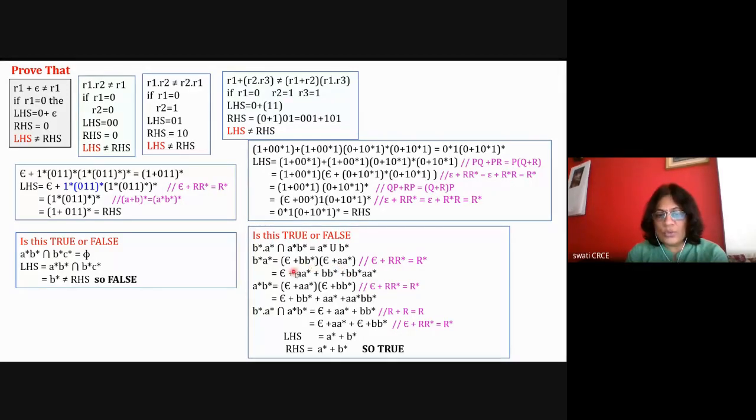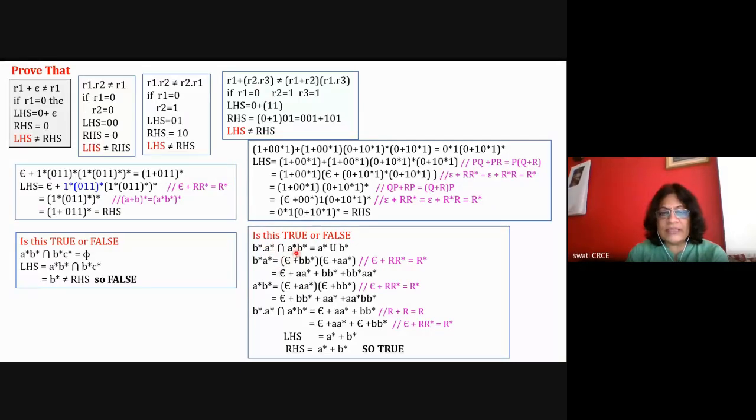Simplify this: epsilon times epsilon gives epsilon, epsilon and AA star gives AA star, BB star and epsilon is BB star, and BB star multiplied by AA star is BB star AA star. So this is the term that we get for B star A star.